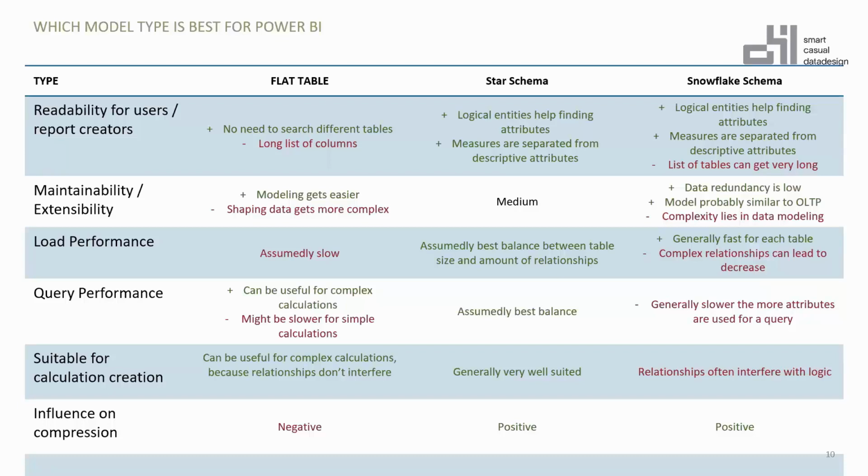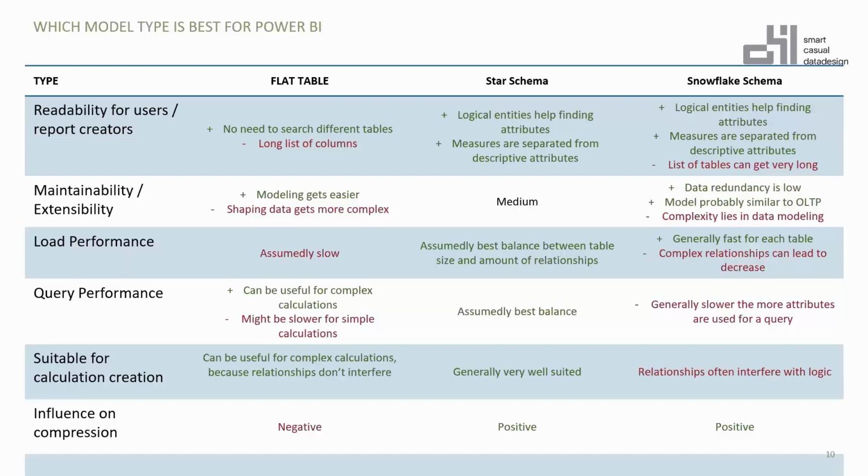You don't have one large list of columns, but your attributes and your facts are split up into logical entities, into clusters, like everything for a customer can be found in the customer table. Everything for the sales rep is in the sales rep table. All the facts, all the key figures are in one table. So you already have something that helps you search.